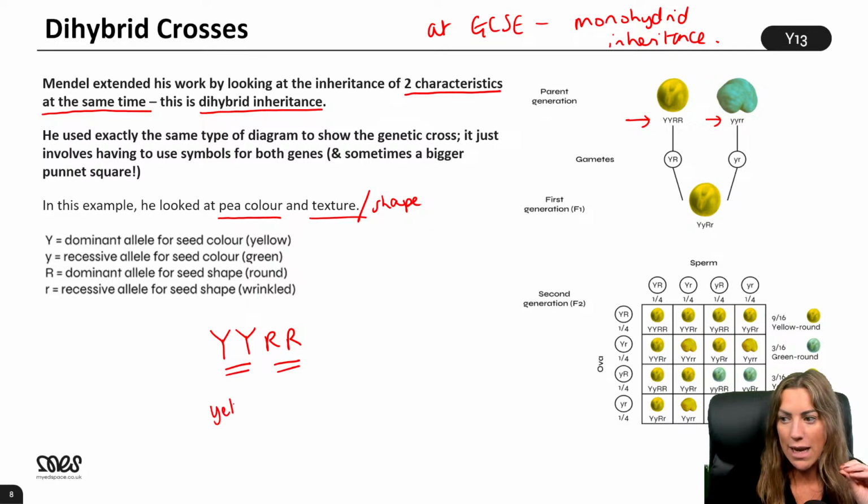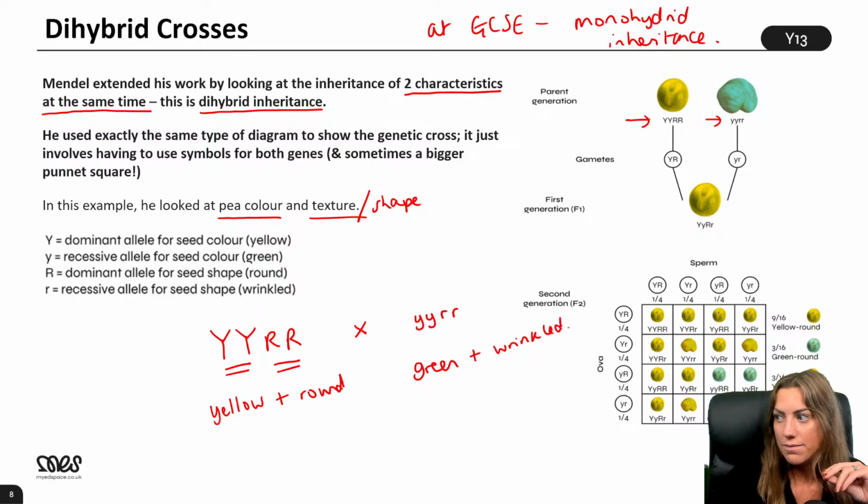So this pea plant would look yellow and round. Okay, but it was crossed with a plant with this genotype. So this plant here is homozygous recessive for colour, so it would look green, and homozygous recessive for texture, so it would look wrinkled. Okay, do you understand this so far?